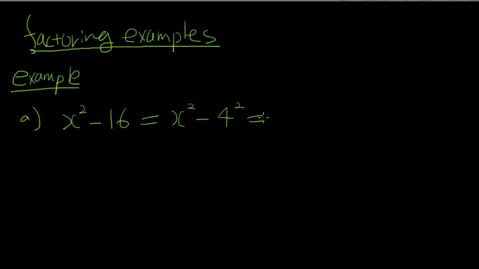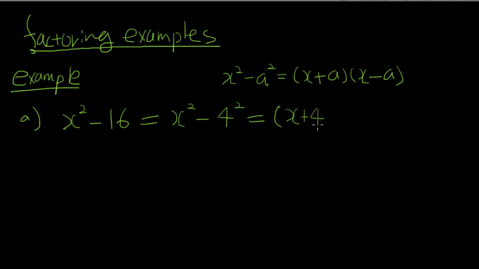Then we can apply the formula. Remember that formula that we have, x squared minus a squared equals x plus a, x minus a. Remember that formula? So we are recognizing this a, in our case 4, so this must be x plus 4, x minus 4, just like that.